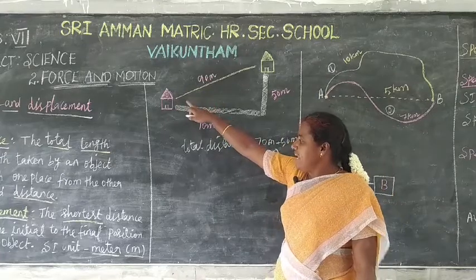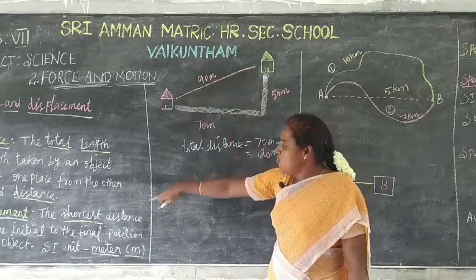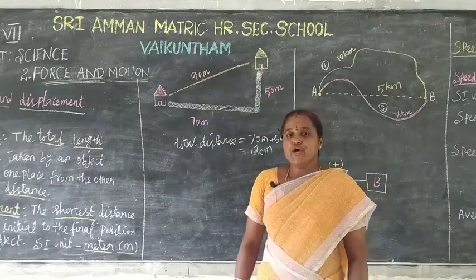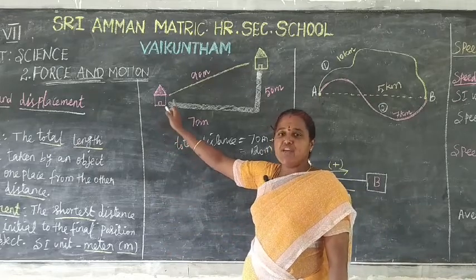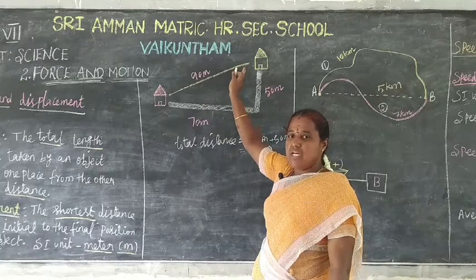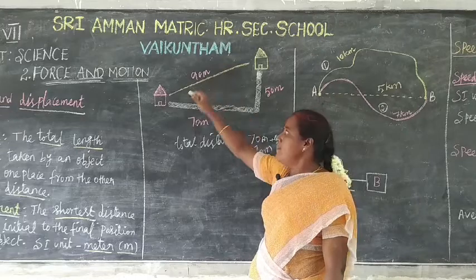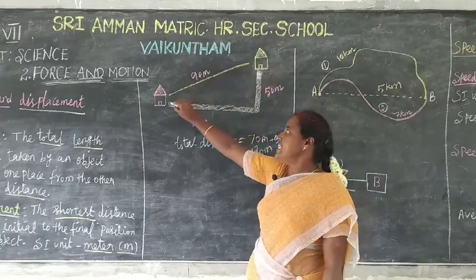Your initial position is your house and the final position is your friend's house. It is going to be a straight line from here to here. This is the displacement.